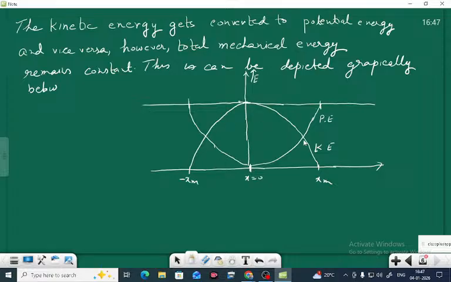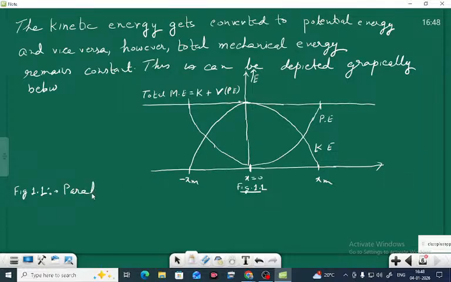Total mechanical energy is equal to kinetic energy plus potential energy. So what we get are parabolic plots. You see, this is a parabola.